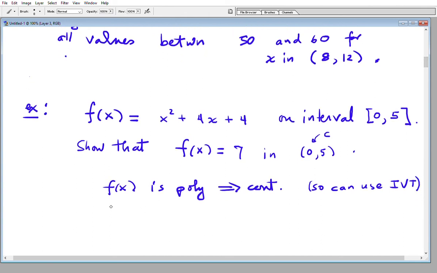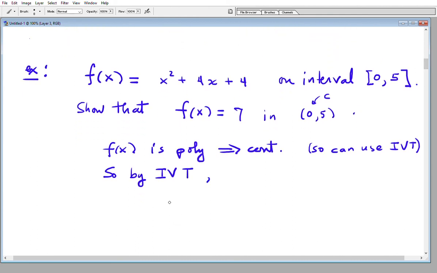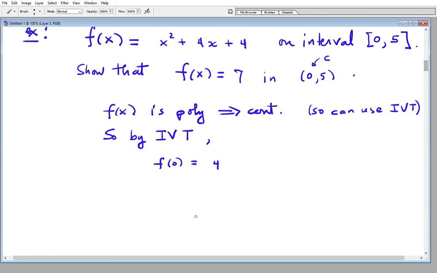Okay. So now we say, so by intermediate value theorem, and we'll just write it like that. Okay, and we'll set it up like this. The beginning point is f of 0. We'll write it in a column, so one underneath the other. f of 0, plug in 0, we get 4. Plug in 5.